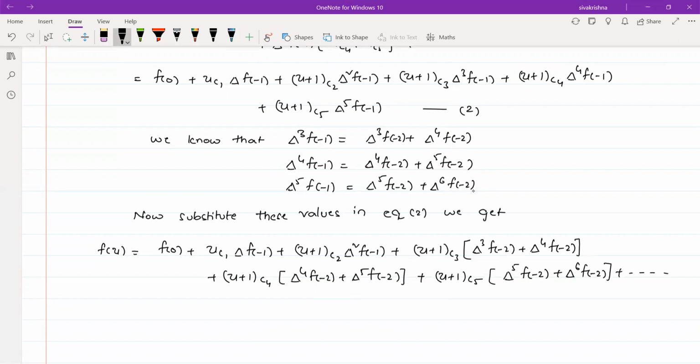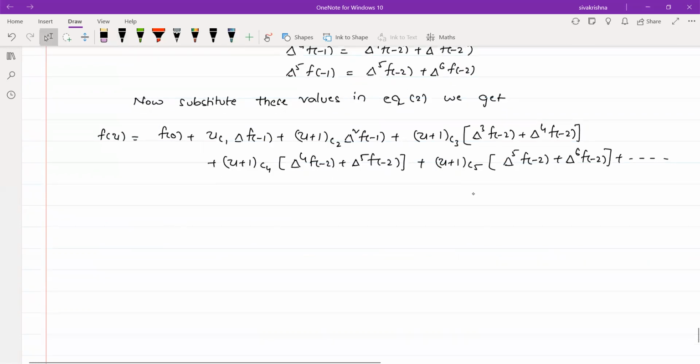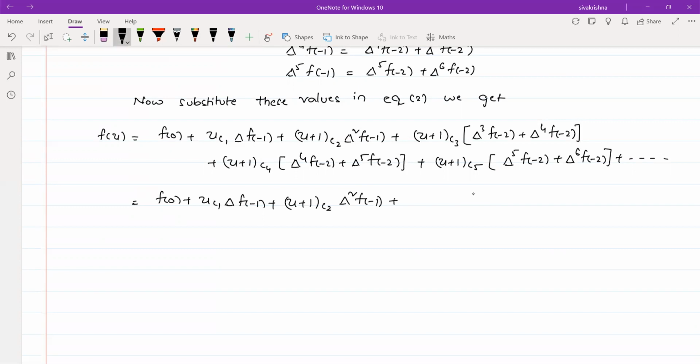Once again we have to simplify the above step, so that we get f of 0 plus uC1 into delta f of minus 1 plus (u+1)C2 into delta square f of minus 1. Up to 3 terms we are not having any problem. Coming to the fourth term, we get (u+1)C3 into delta cube f of minus 2.